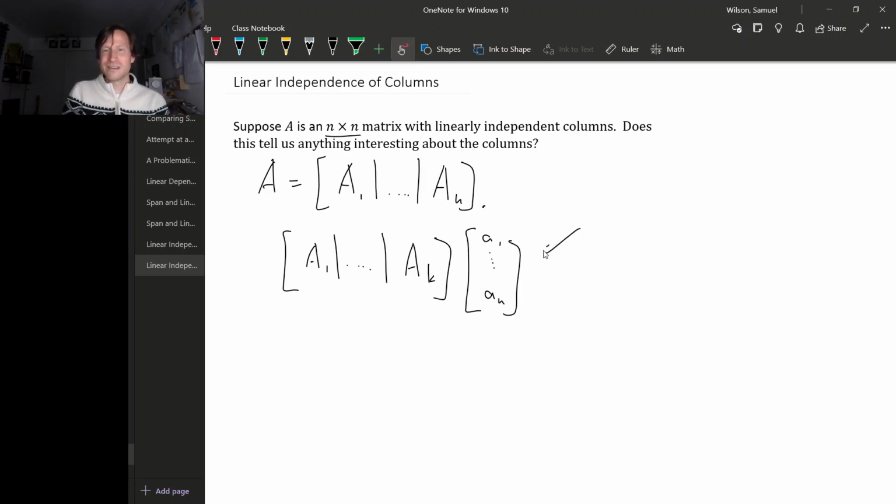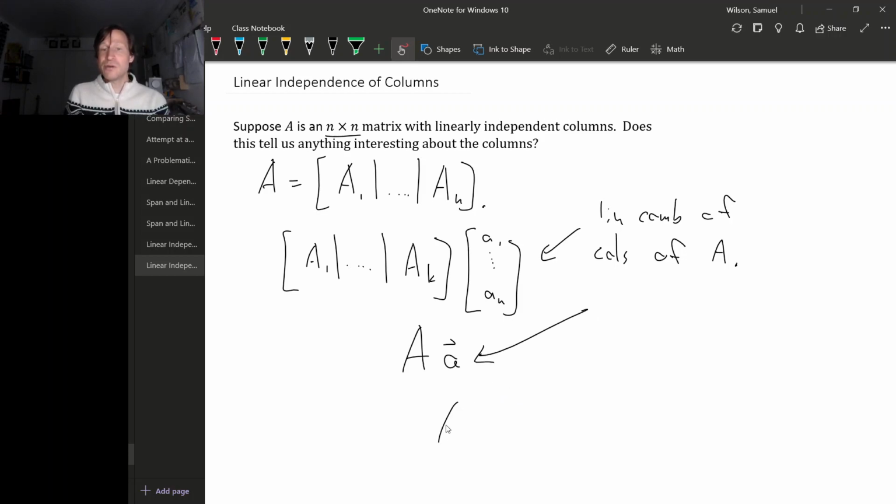So this whole expression is a linear combination of columns of A. Another way to write this is capital A times little a, where little a is a vector. So here's a linear combination. Because the columns of capital A are linearly independent, this equation has only the trivial solution.